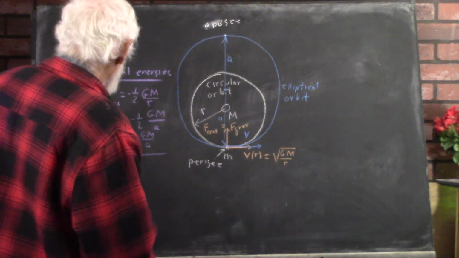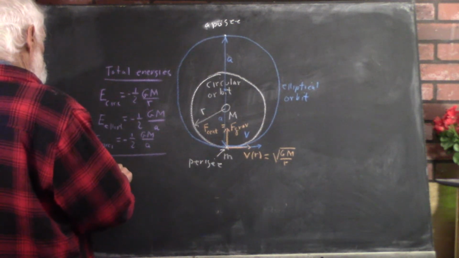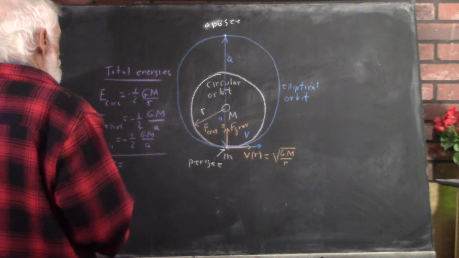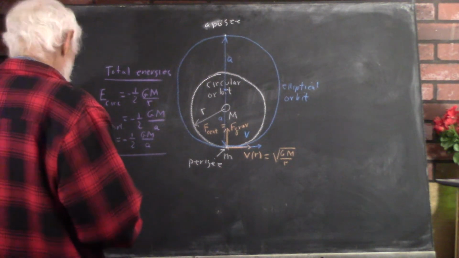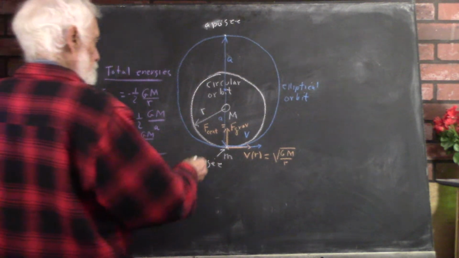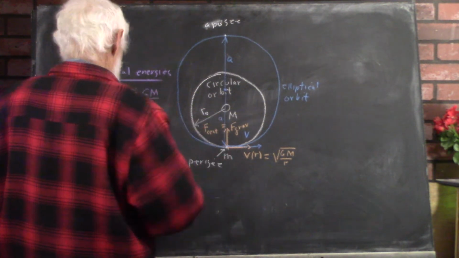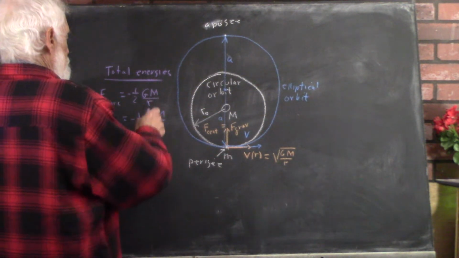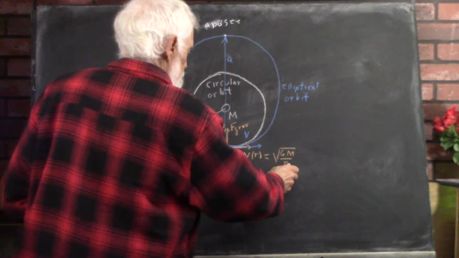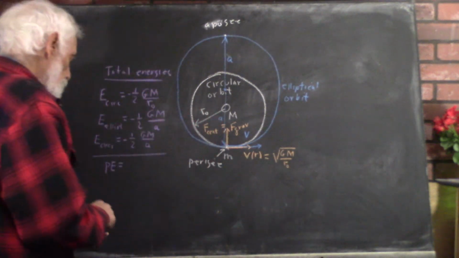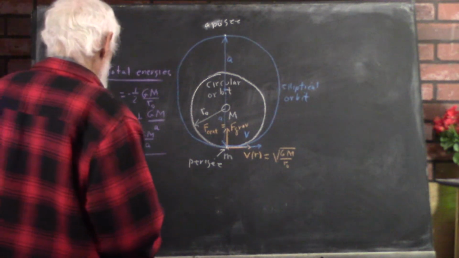Now the potential energies. I'm going to have to do just a little something with my notation. Instead of R here, I'm going to call this R sub 0, and that'll make this R sub 0, and it'll make this R sub 0, because I want to use R in the expressions for potential and kinetic energy, especially potential energy.